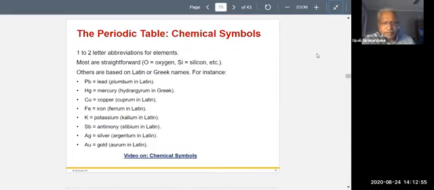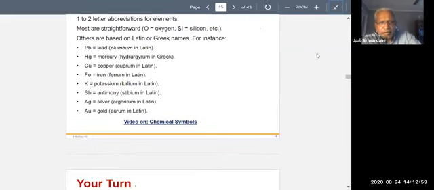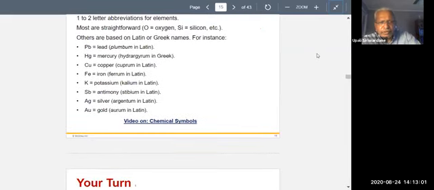Plumber comes from the older days when lead pipes were used for water. Can you think of that now? Earlier days, pipes were made out of lead. Mercury is hydrargyrum, the Greek name. That's why it is called Hg.